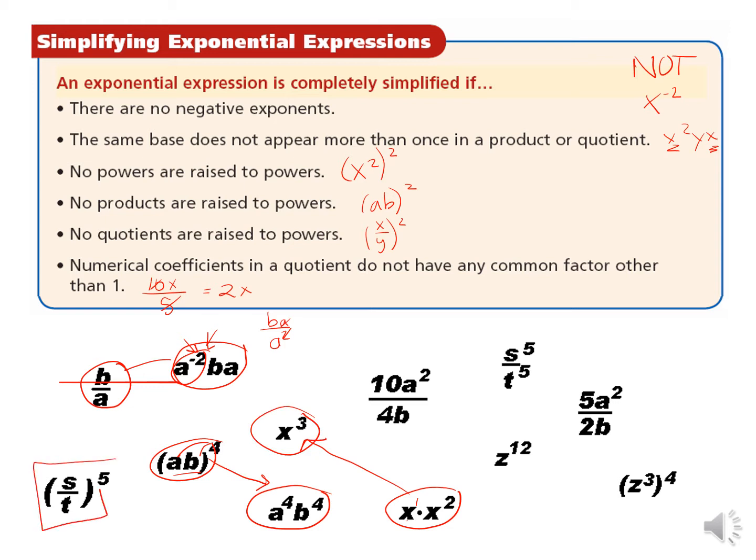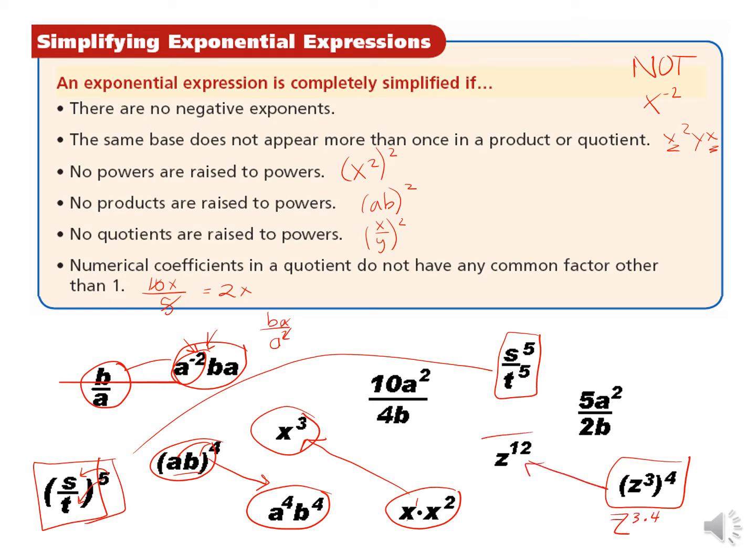This one here is a quotient raised to a power, so you have to distribute the exponent to both parts, and that goes to this one. This one is a power raised to a power, so you go z to the 3 times 4, and that gives you z to the 12th.